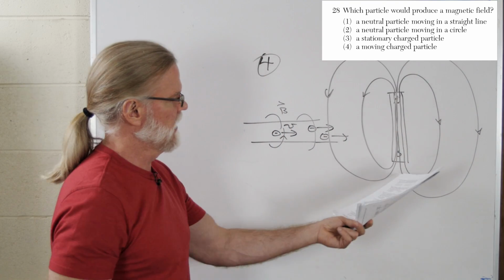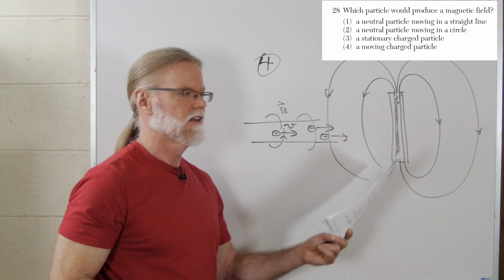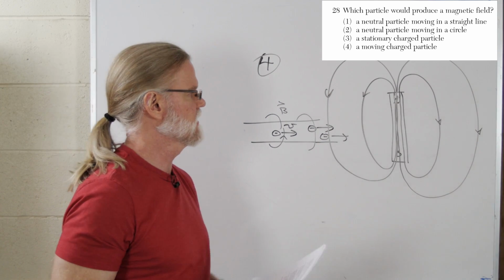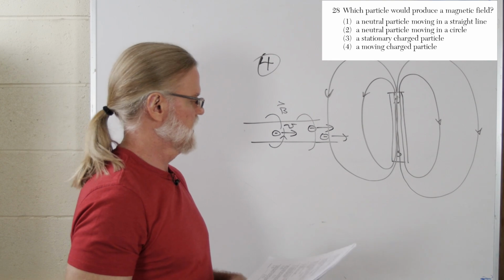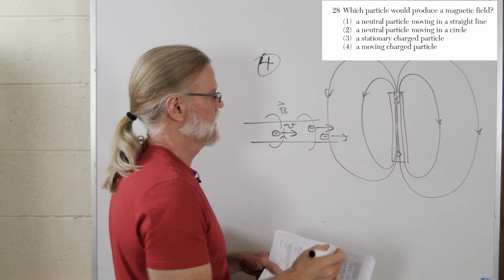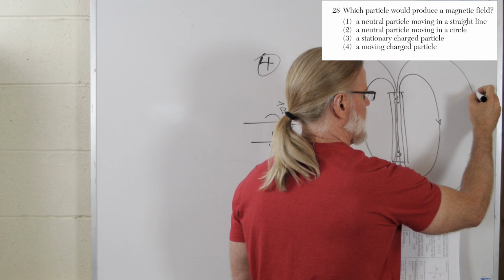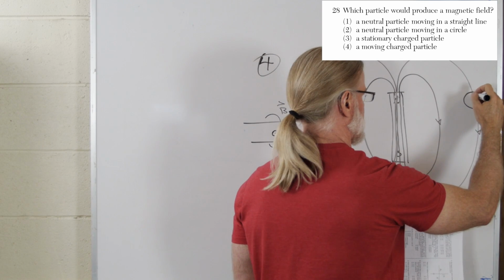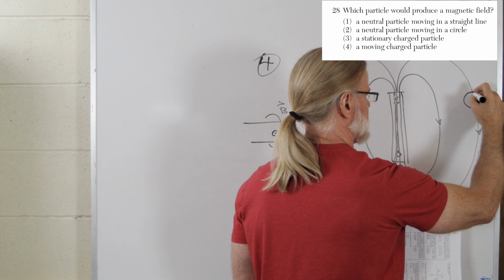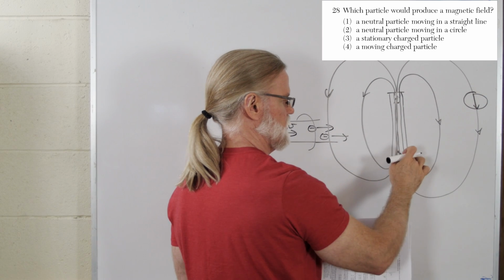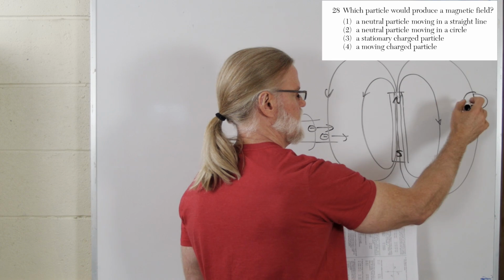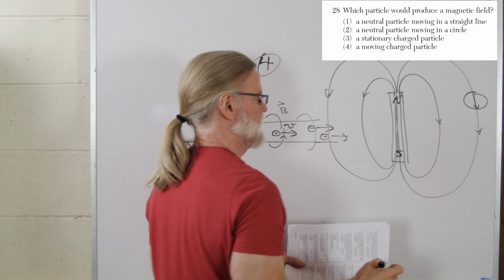Where they're closer together, the field is stronger. Where they're farther apart, it's less. The direction is determined by the direction a compass would point. If I put a compass here, the north is going to be attracted to south, and south is going to be attracted to north.